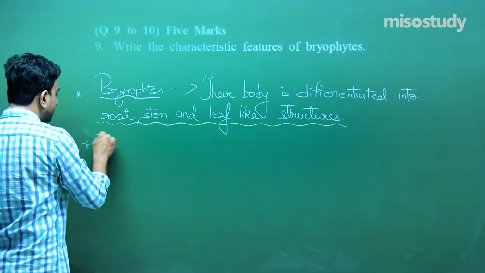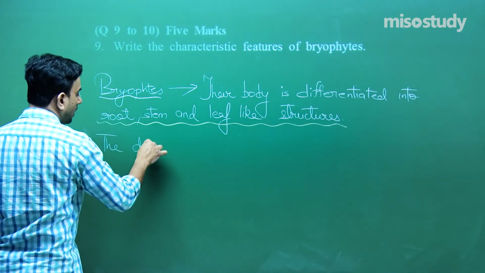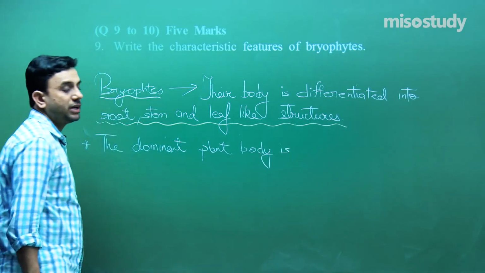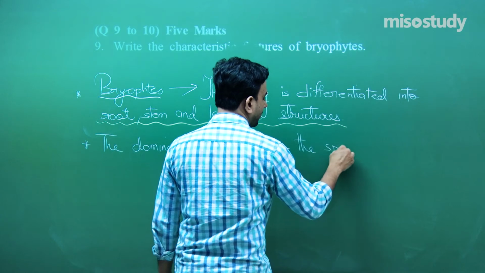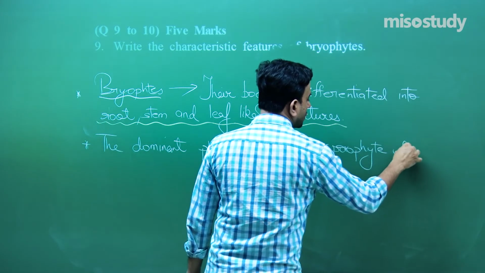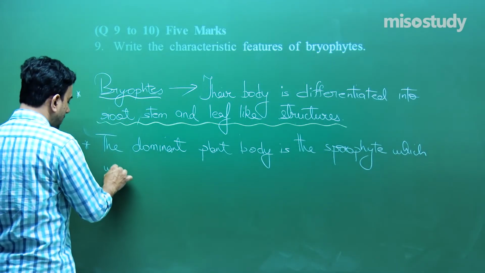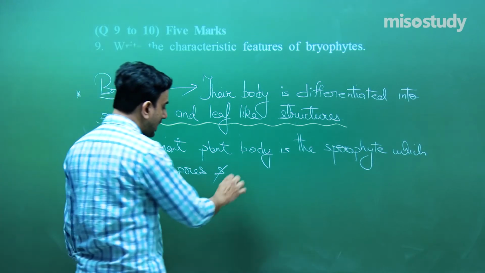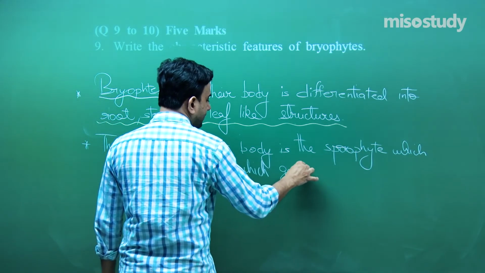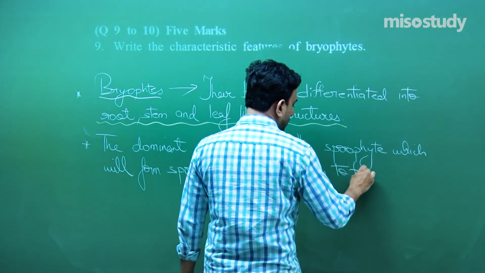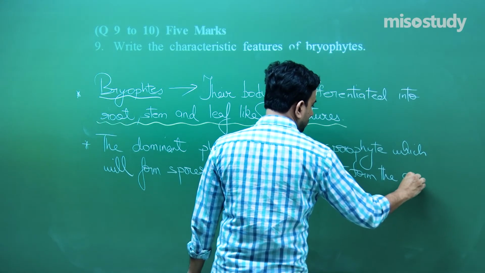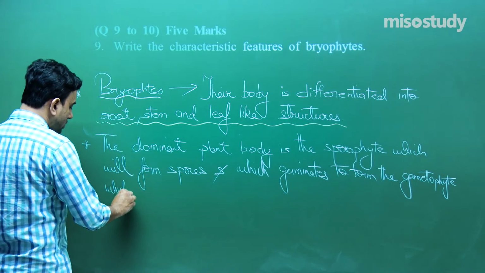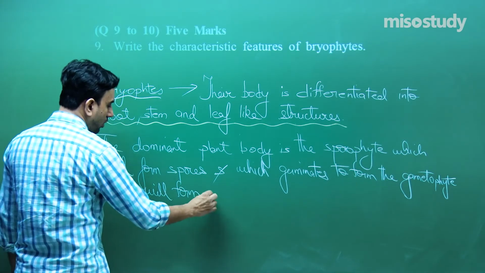Now, here the dominant plant body is the sporophyte, which will bear the spores, and which germinates to form the gametophyte, which will form gametes.